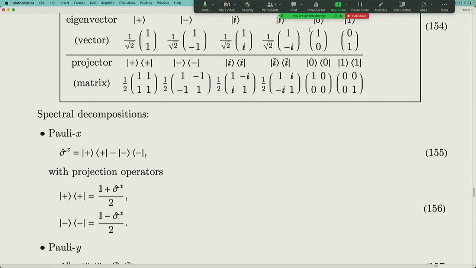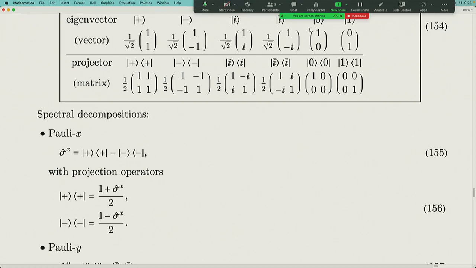So it will be a +1, and this formula reads like (1 + 1) over 2. So on the plus state itself, acting with this projection operator doesn't change it. But if you act with this projection operator on the minus state, sigma x will behave like a -1. So (1 - 1) divided by 2 will be 0. So if this projection operator acts on the minus state, it will quench the state, basically.